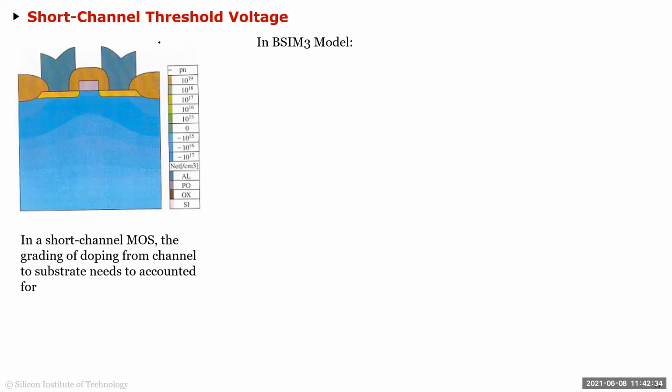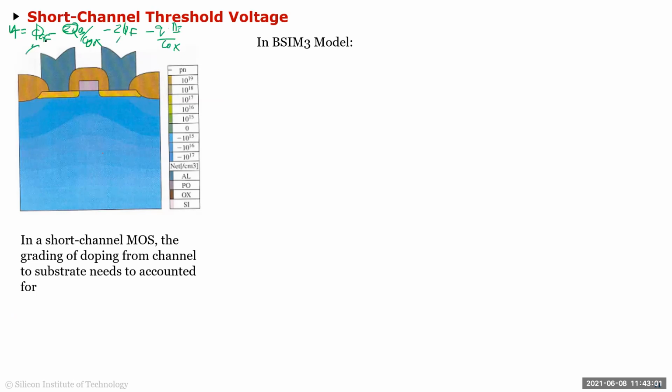equation we derived, right? So if I write that VT equation here, let's say you have phi GC minus 2 phi F minus QB over COX minus Q DI over COX and so on, right? So two main ones are these ones.